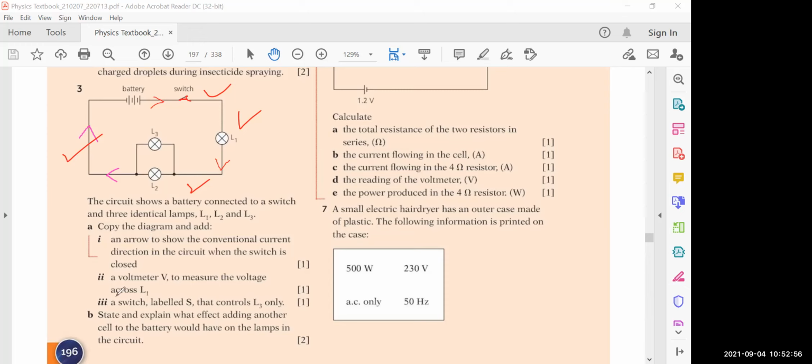In the second part here, a voltmeter V to measure the voltage across L1. Please, someone connect the voltmeter across L1.